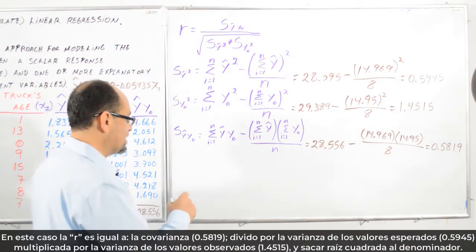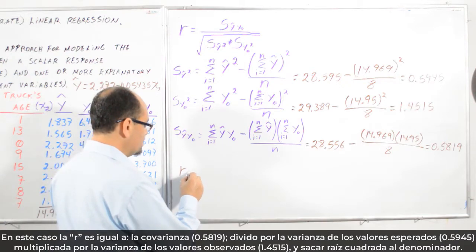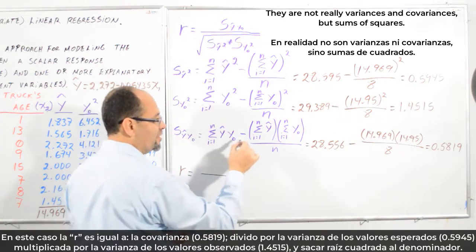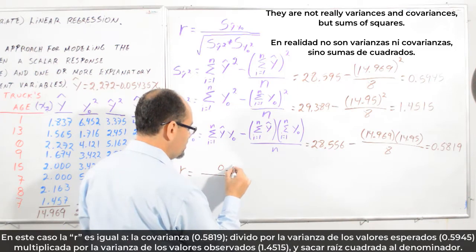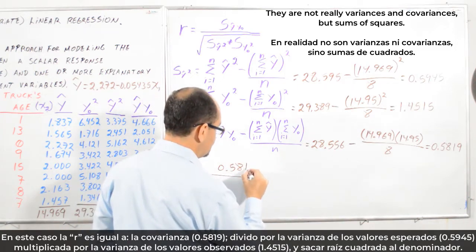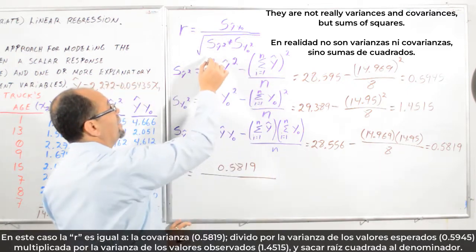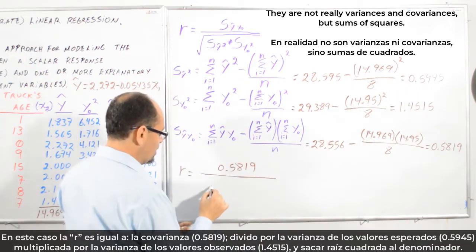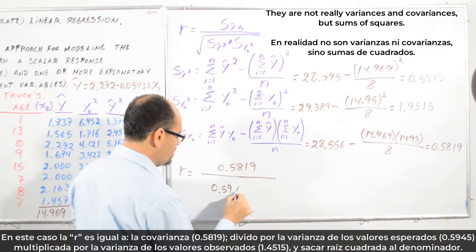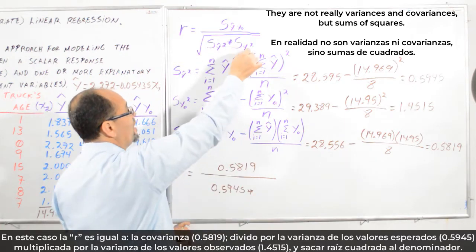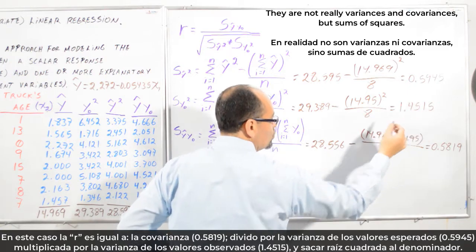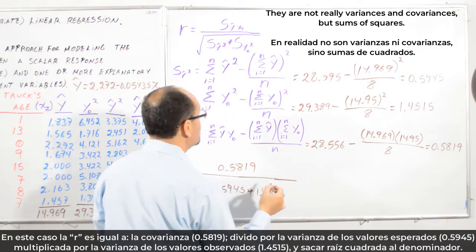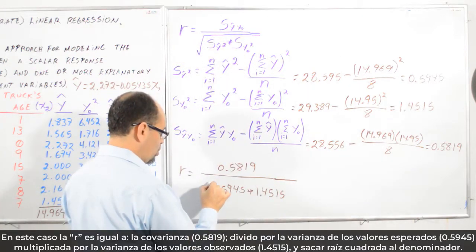In this case, R is equal to the covariance, which is 0.5819, divided by the variance of the expected values, 0.5945, times the variance of the observed values, which is 1.4515, and the square root of that.